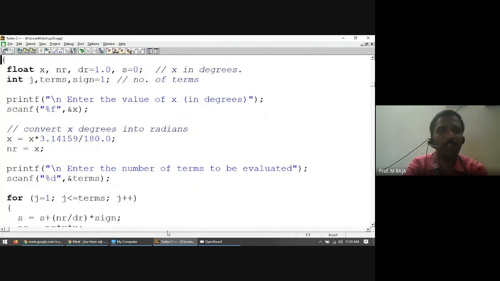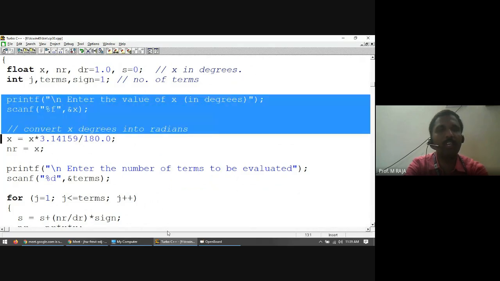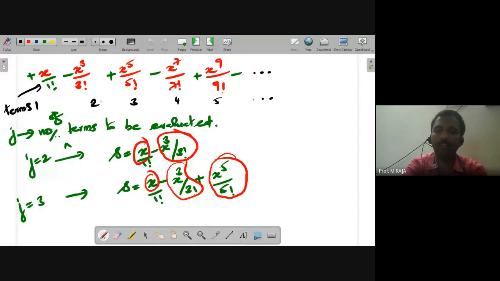Hope you have understood up to these things: getting the input value of x, converting x degrees into radians, then numerator is assigned to the variable x.